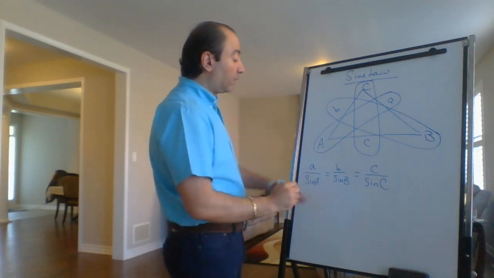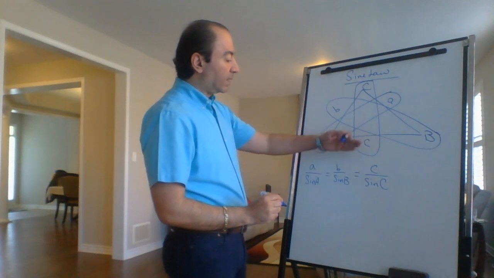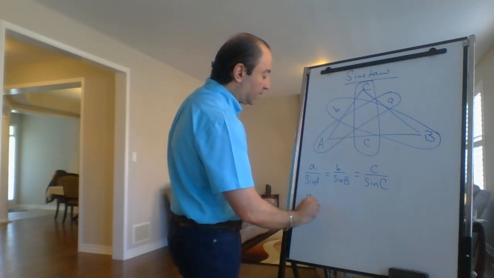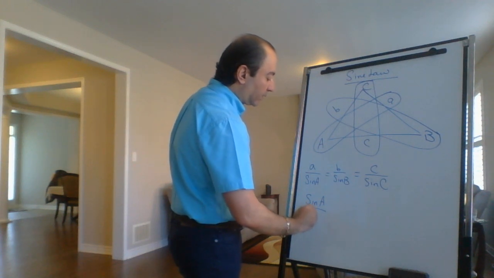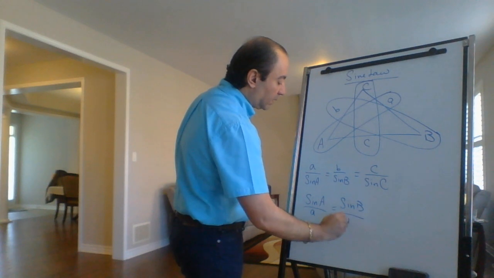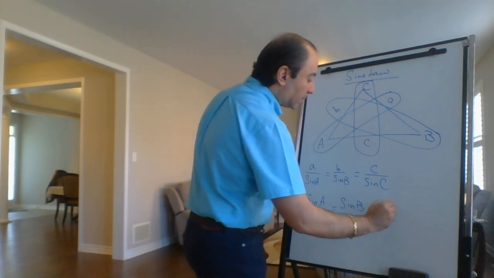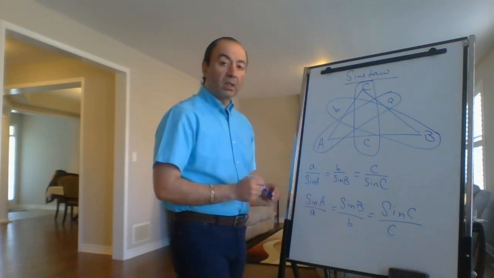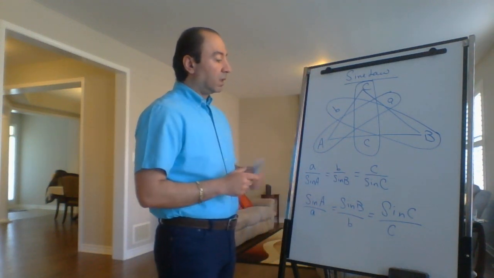And also if we flip, so we make the angles and the sines on the top, it will be also the same. Sine A over the length of side a equals sine B over b equals sine C over c. Okay, this is the law, the sine law.